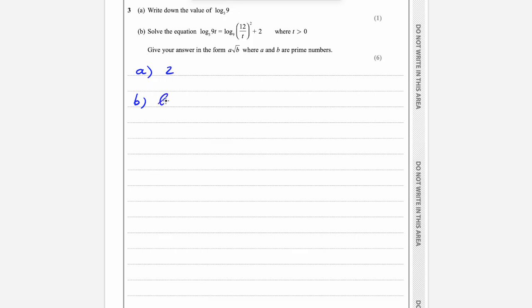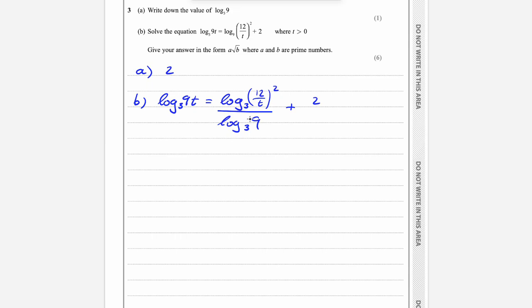So this is log 9t base 3 equals log 12 over t squared over log 9, and then I put whatever base I want, in this case 3, like this. And that is plus 2.